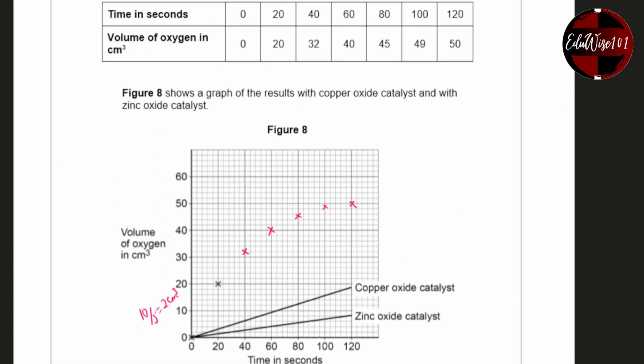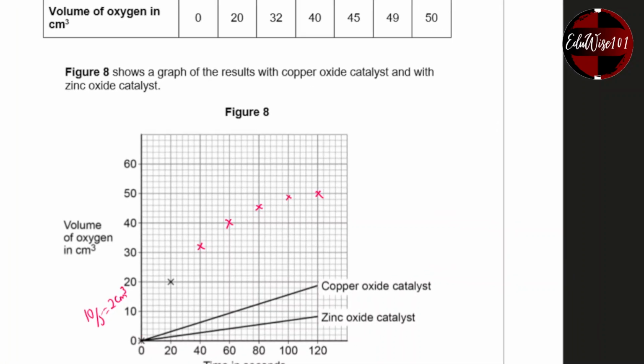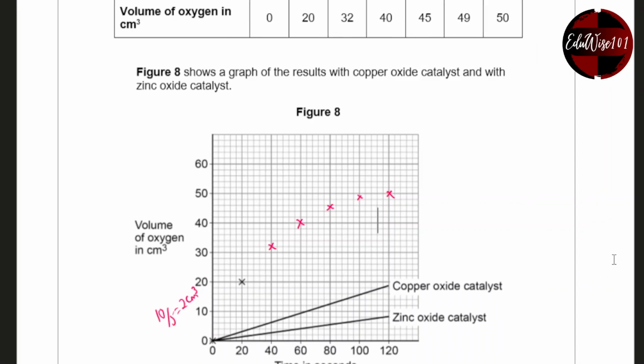Plotting the points correctly should give you 2 marks, and drawing a line of best fit should give you the 3rd mark. Now, the line of best fit needs to be a curve going all the way like that. They have drawn a straight line, but the way the points are falling is not a straight line. So I would draw a curved line.